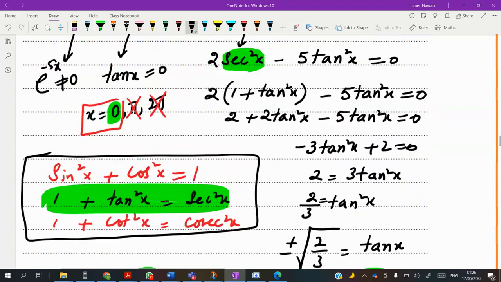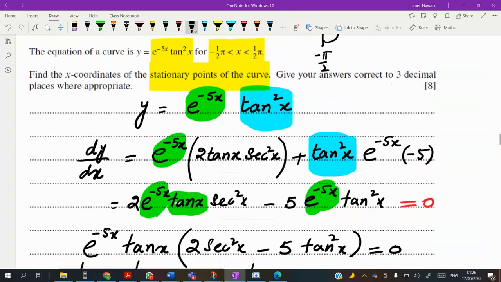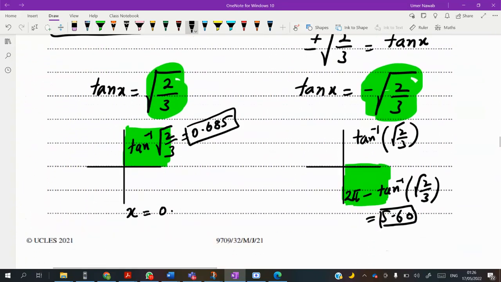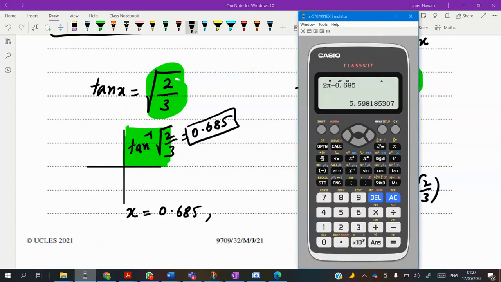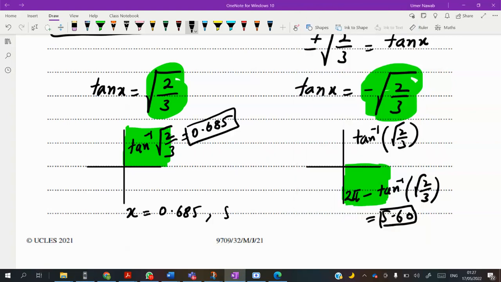How many decimal places? I didn't check that. Three decimal places. So 0.685, and the second one was 5.598. So these are the possible x coordinates. Thank you, boys.